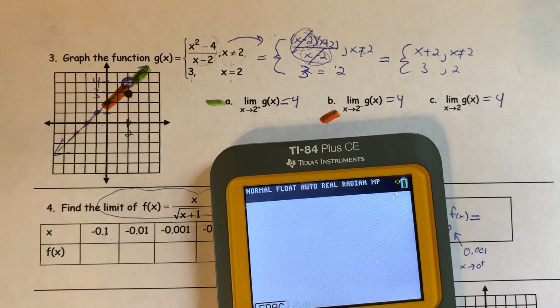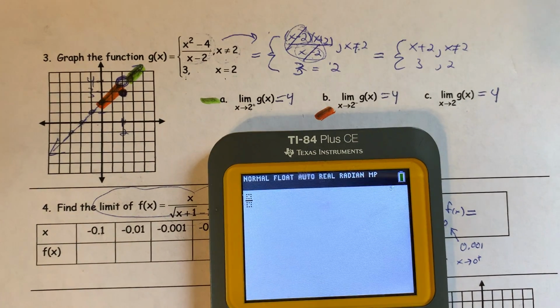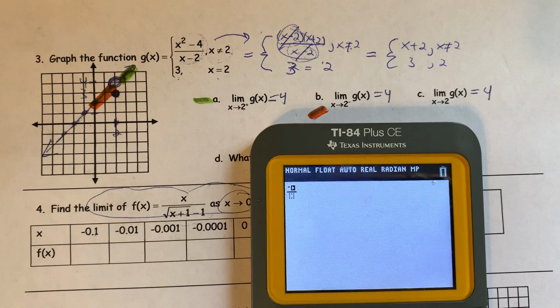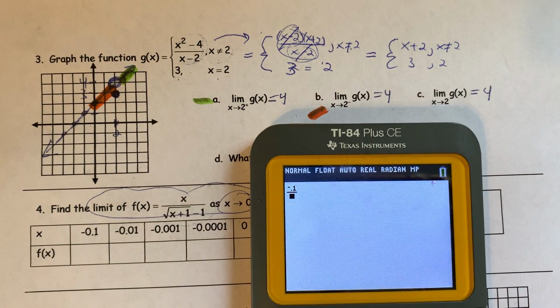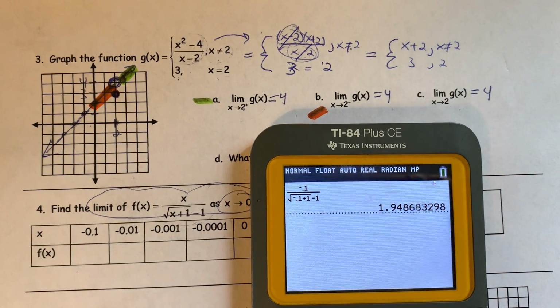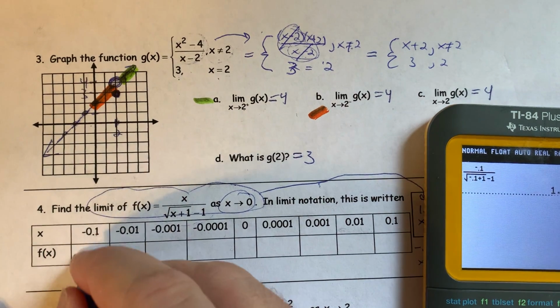One is just to put it in, and whether you're using a calculator like this or a calculator like Desmos that's online, it should be fairly easy to make a fraction. You just plug in negative 0.1 divided by the square root of negative 0.1 plus 1 minus 1, and we're going to find what that value is equal to: 1.948.